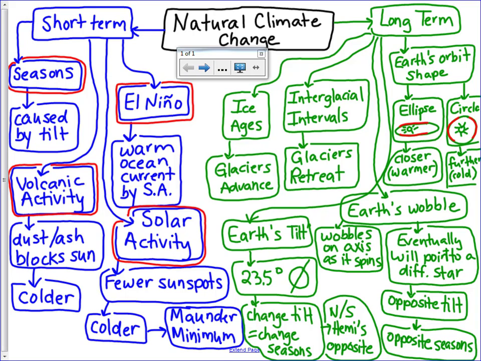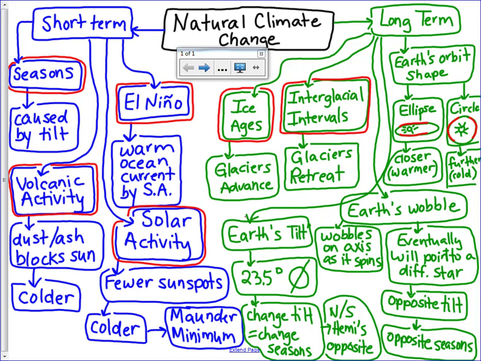So on this side, we have 5 different things that can cause long-term climate change. We have ice ages that are cold, interspersed with interglacial intervals when the planet warms up.